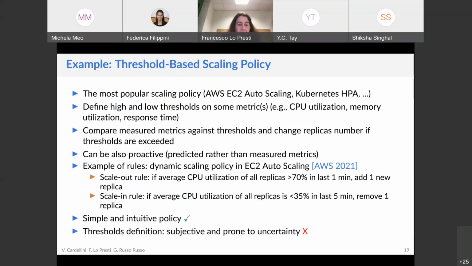This is a quite simple and intuitive policy, but it's not so easy to use in an effective manner, because the main issue is how to define the threshold, because it can be subjective, it can depend on the application and on the specific application components, because you can have different components that, for example, are CPU intensive or memory intensive. And so the overall behavior of this policy is prone to uncertainty.